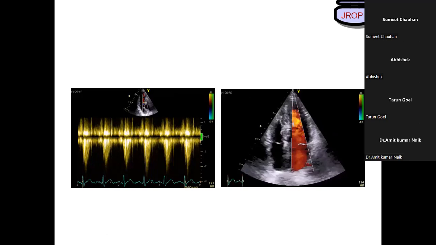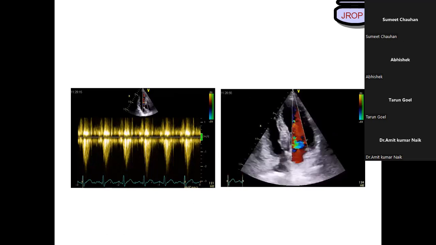Where is mitral regurgitation, Tarun? Okay. This is a three-chamber view, the Doppler flow pattern across the three-chamber view. Tell me the importance of this Doppler flow pattern.